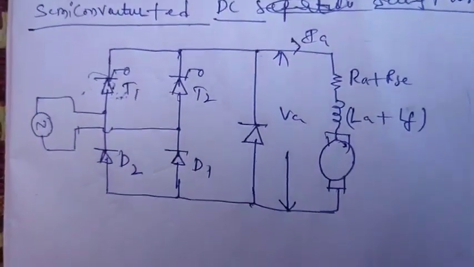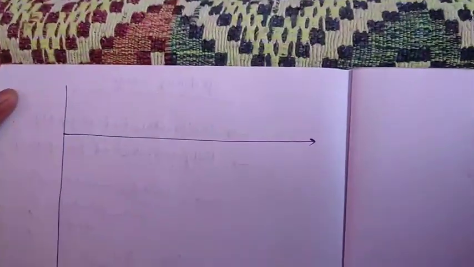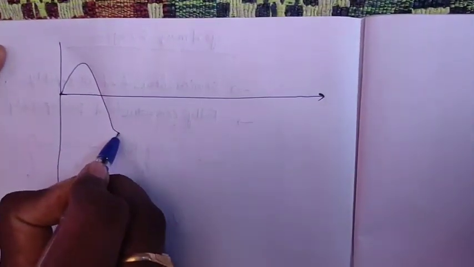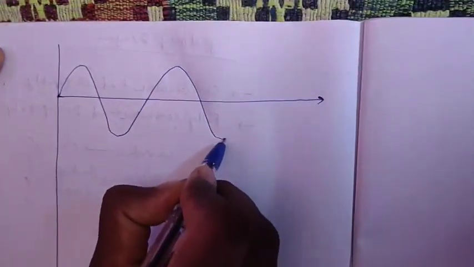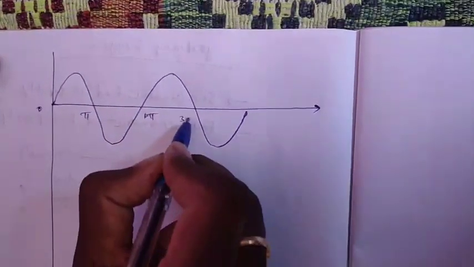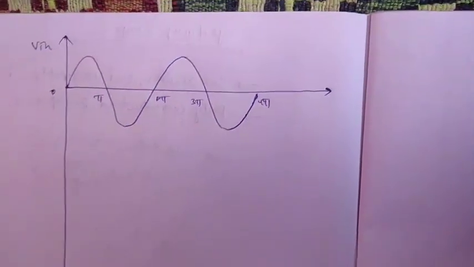During the positive half cycle of the supply, for example 0, pi, 2 pi, 3 pi and 4 pi, this is the input voltage.